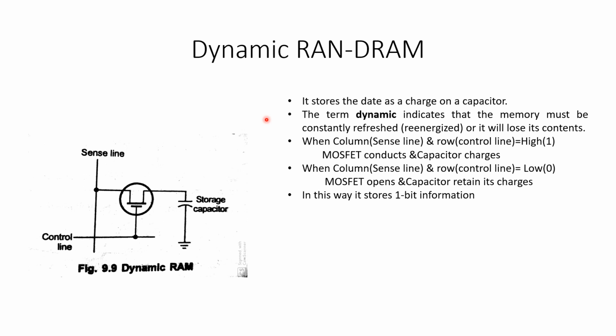The term dynamic indicates that the memory must be constantly refreshed or re-energized or it will lose its contents. When column and row equal 1, the MOSFET conducts and the capacitor charges. When column and row equal 0, the MOSFET is open and the capacitor retains its charge. In this way, it stores 1 bit of information.